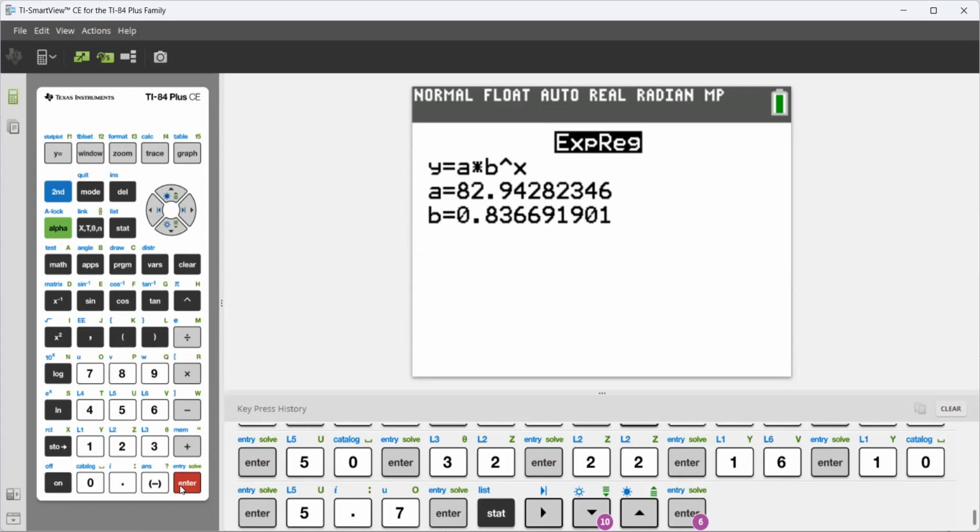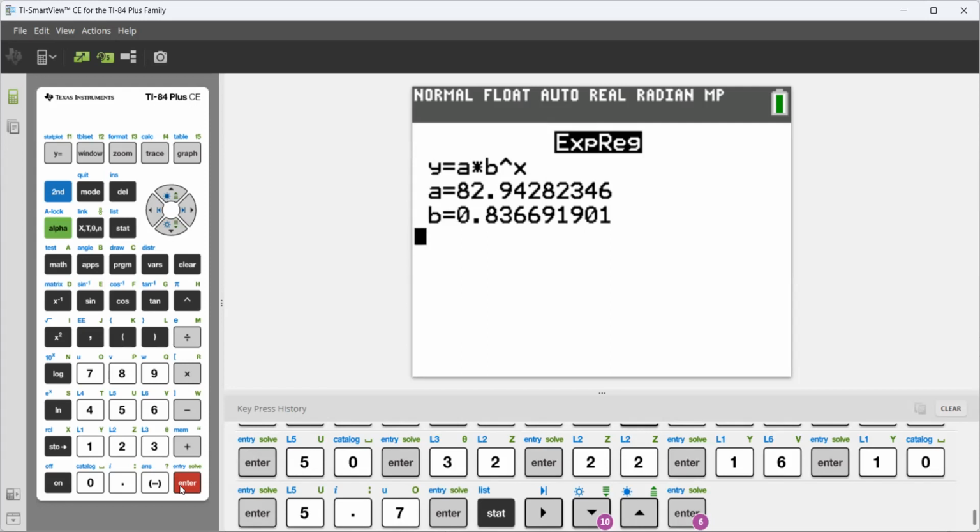Now, we have to go back and then put it in, just like we did for quadratic and linear and all those. So here, remember, a is the initial value. So we are just going to round. So we're going to get 83 for that. And then for b, we could do 3 decimal places. Now it says round a to 1 decimal place. So if we do that, we have 82.9.